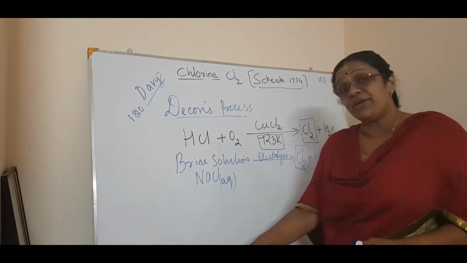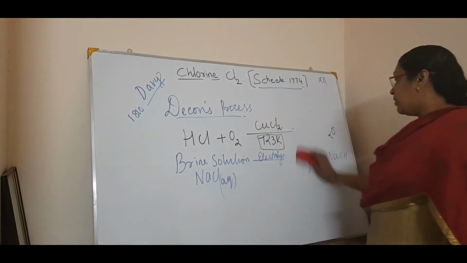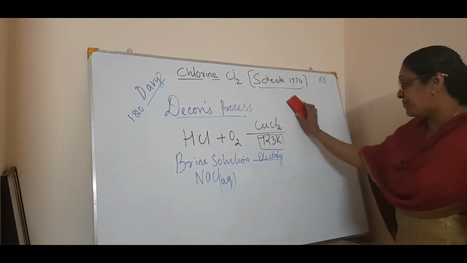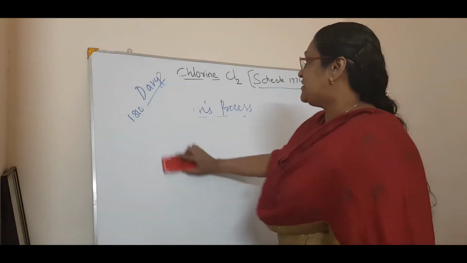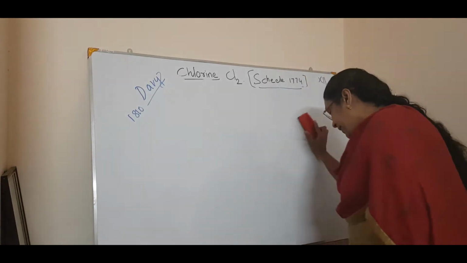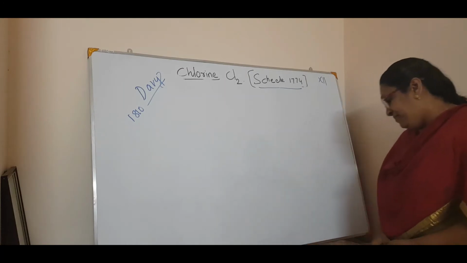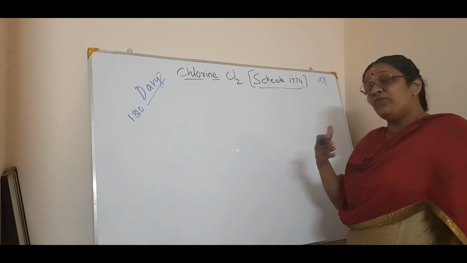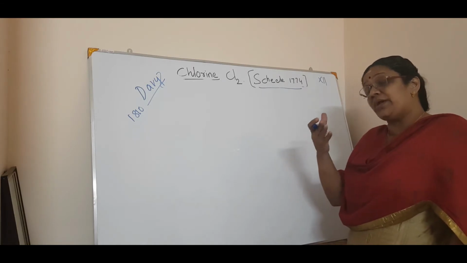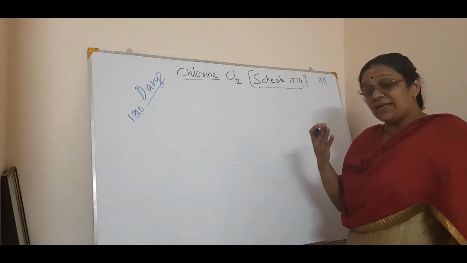Now coming to the properties of chlorine. Chlorine is a gas having a pungent smell, a suffocating odor. When you do it in the lab, if the chlorine gas gets to your nose, you will get some nausea.